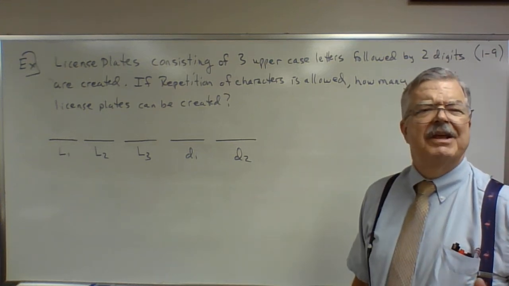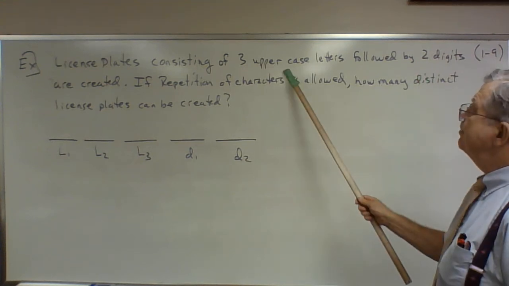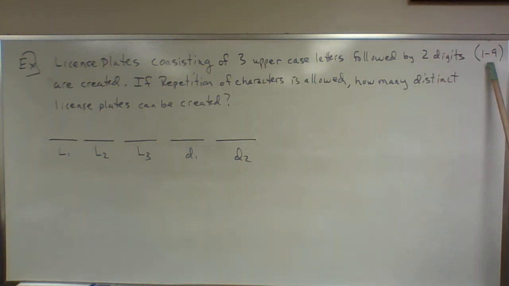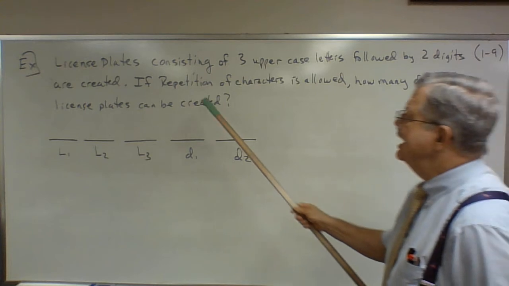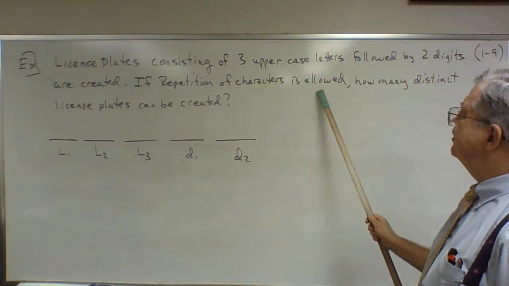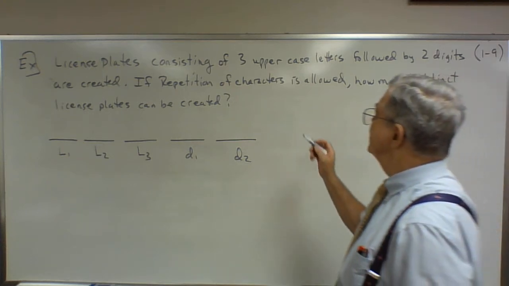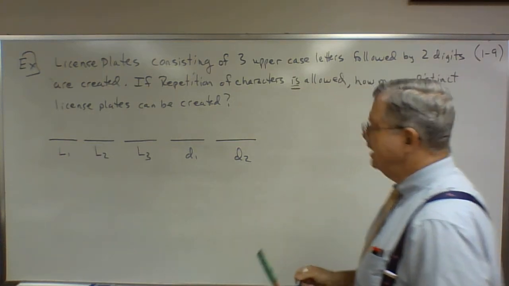That way we don't mistake a 0 with an O. 3 uppercase letters followed by 2 digits, 1 through 9, are created. If repetition of characters is allowed, how many distinct license plates can be created?